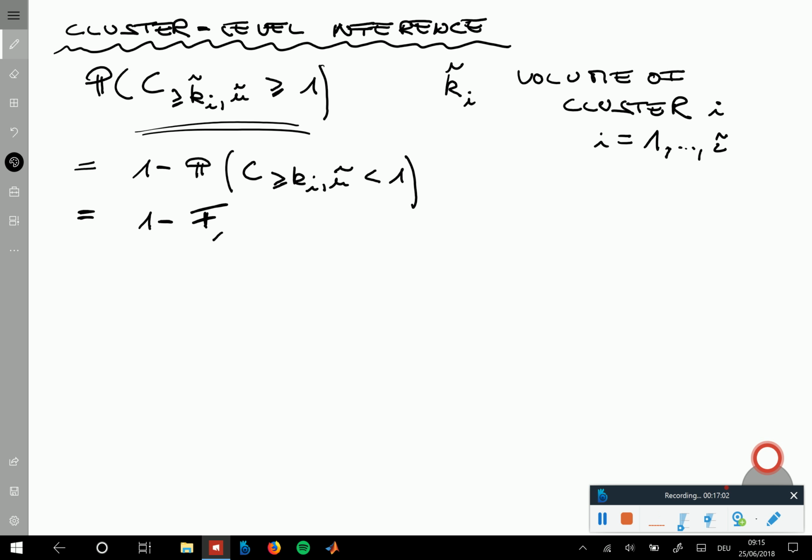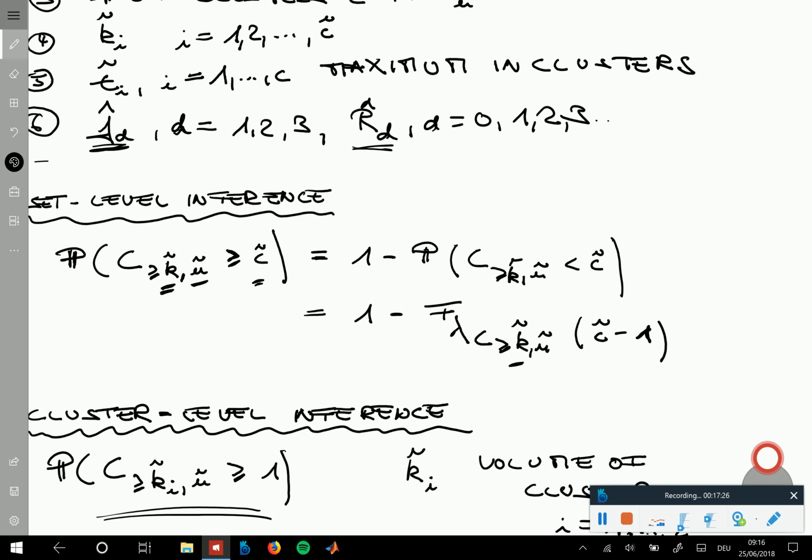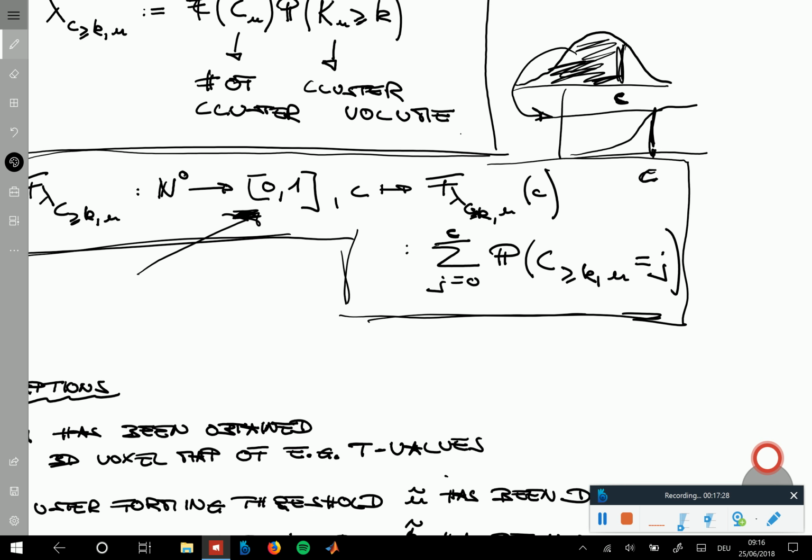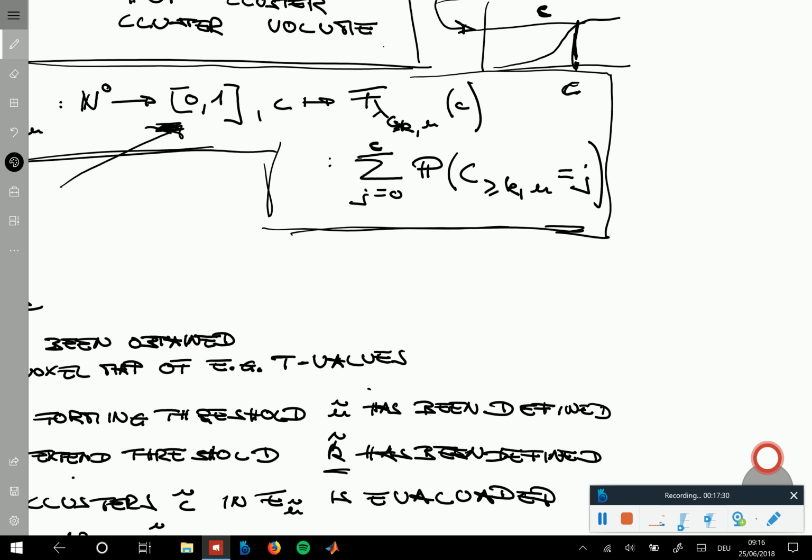the cumulative Poisson mass function for 0. We have that here. This sums from j equals 0 to the c that you put in.